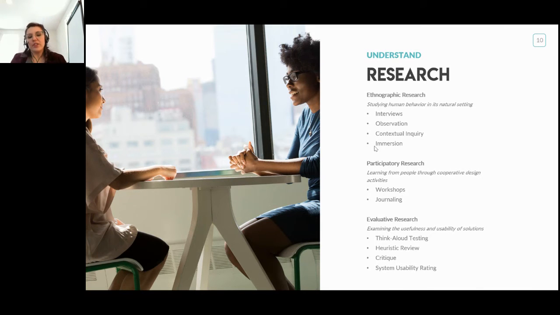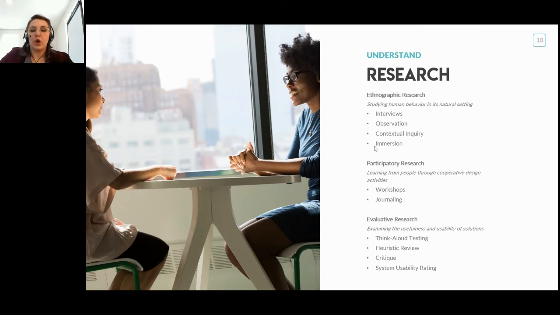Next up, we have evaluative research. All right, so let's say you have a challenge area where it's a product and we're trying to solve a challenge within that product. This is where we can do testing with our users. One of the things I really like to do is have a user test something and think out loud about everything they're considering, right?